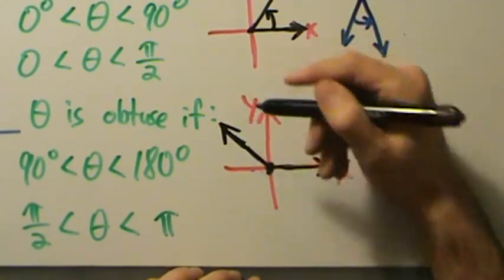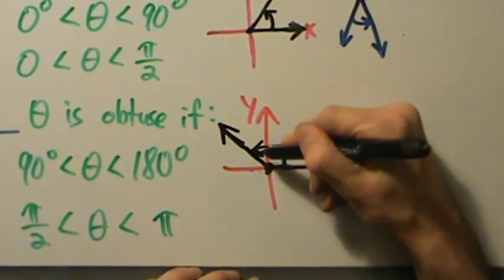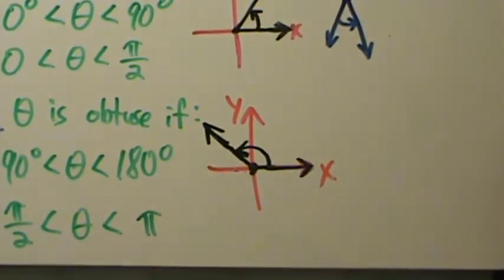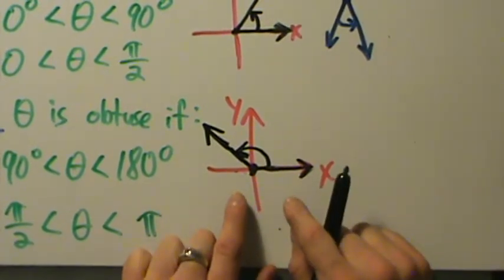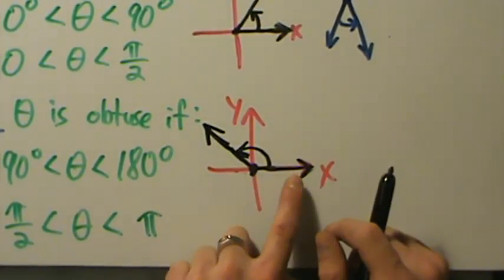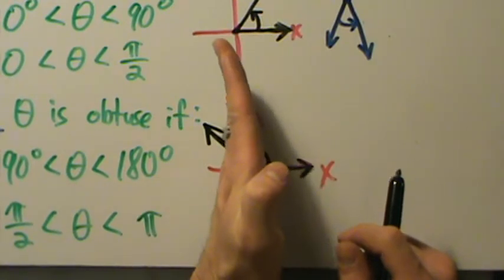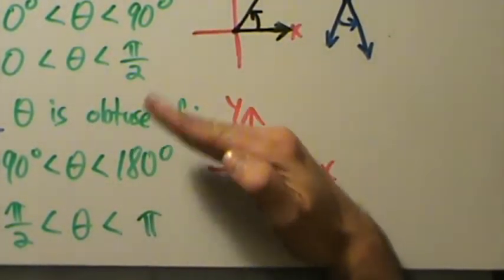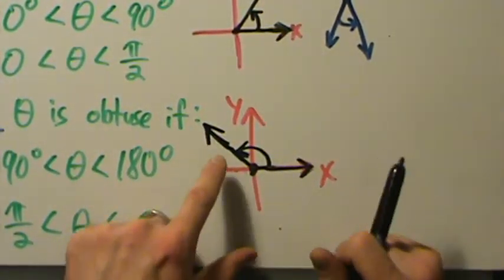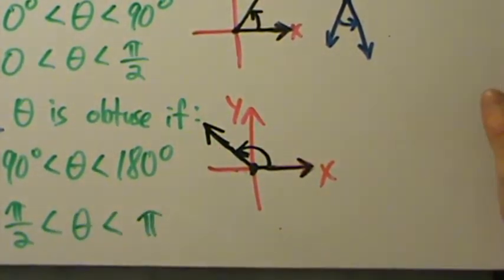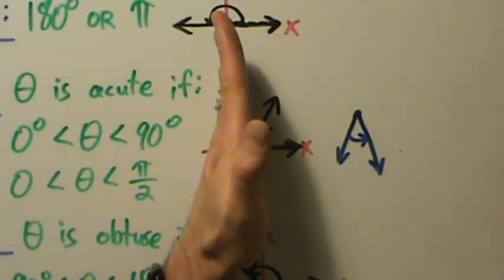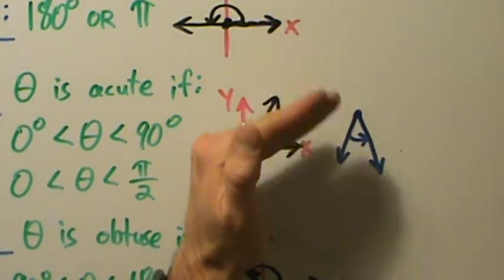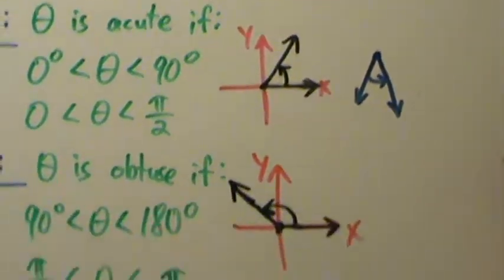Okay. So this is an obtuse angle here. If the terminal side were here, that's 90 degrees. If the terminal side were here, that's 180 degrees. So anything in between is going to be obtuse, for example this. Just like up here, here's 90 degrees, so anything over here is going to be acute, right?